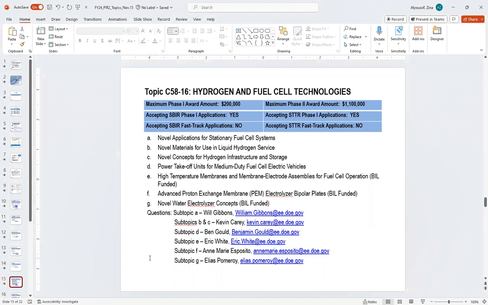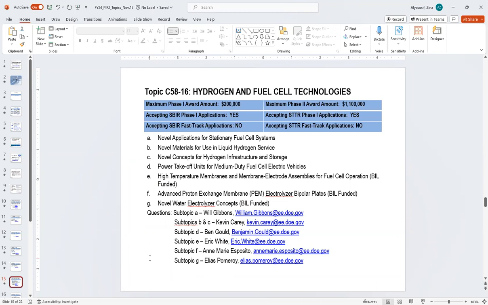All right. Well, so I'll jump into it real quick here for 16A, novel applications for stationary fuel cells. With this topic, we're really looking to grow potential new markets for fuel cells in general, but with a specific emphasis on the types of systems that are currently being manufactured, mostly fuel cell stacks that can be used in medium and heavy duty vehicles.